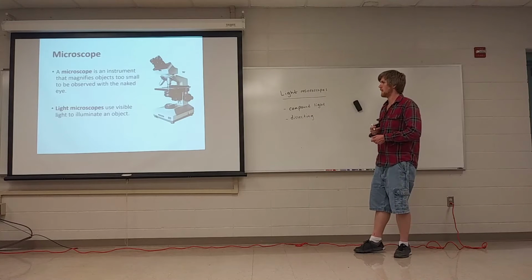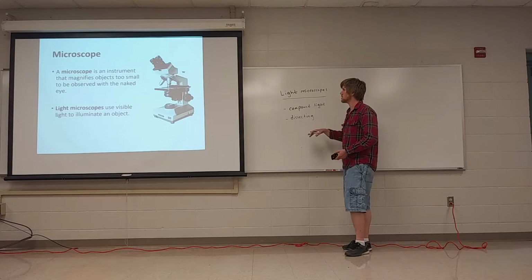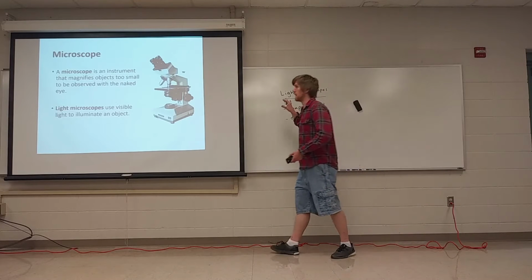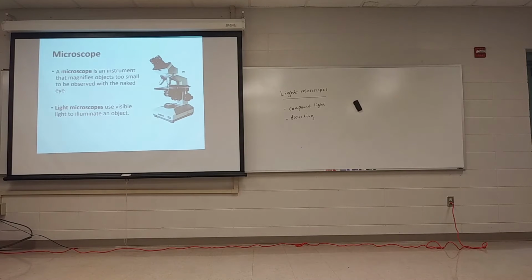Both of these are light microscopes, and up until the 1950s-ish, these were the only microscopes that existed. So light microscopes are the ones that you probably think of when you think of a microscope. And they simply use visible light to illuminate an object. And again, until the mid-20th century, mid-1900s, this was the only type of microscope that existed.